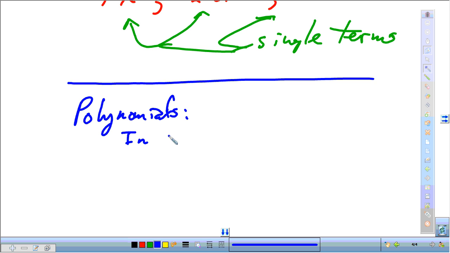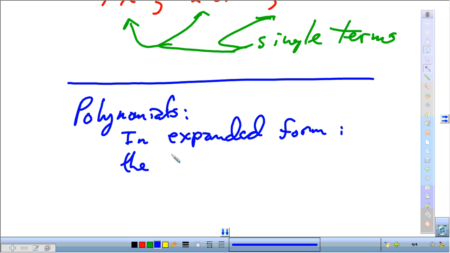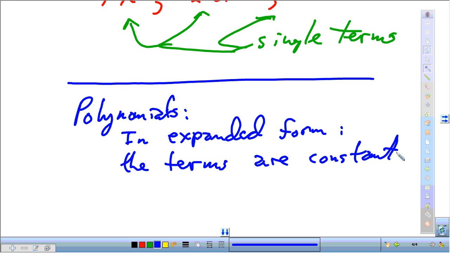So consider expanded form. So a set of terms. If it's a polynomial, the only terms that we see are constants or whole number powers.